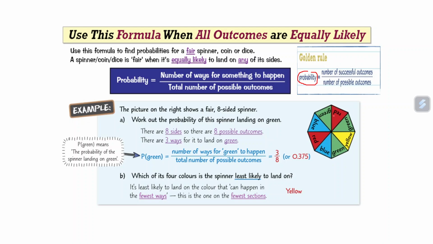It has 8 equal sides, but the colors are different. We have 1, 2, 3 green, 1, 2 blue pattern, 1, 2 red pattern, and 1 yellow. So the total number of parts here is equal to 8.